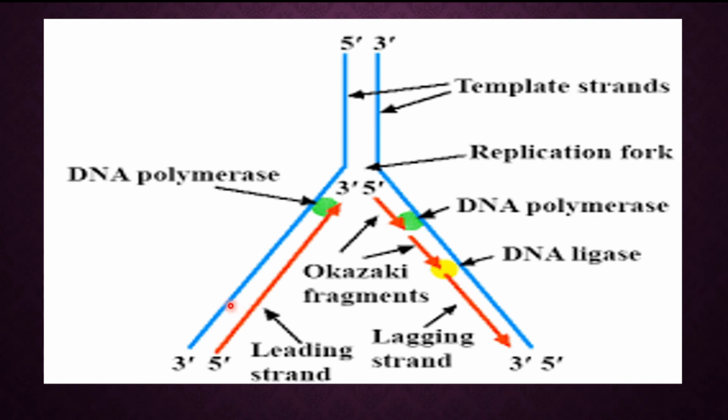Between old strand and new strand, hydrogen bonds act as linkage, and in this new strand the nucleotides are linked together with the help of phosphodiester bond. This formation of the new strand takes place in the presence of one important enzyme, called DNA polymerase. So here we have studied how synthesis is taking place.